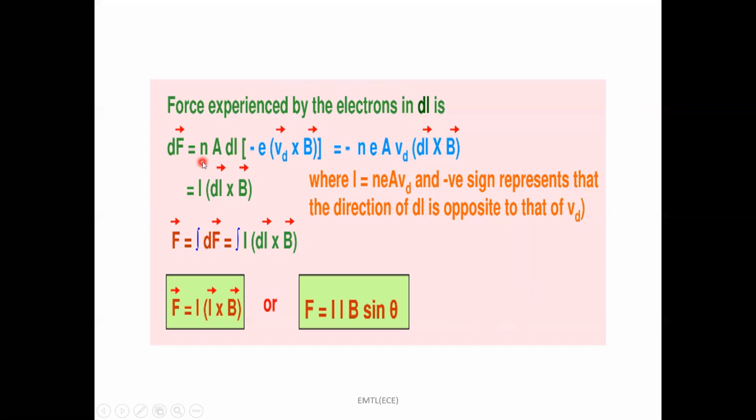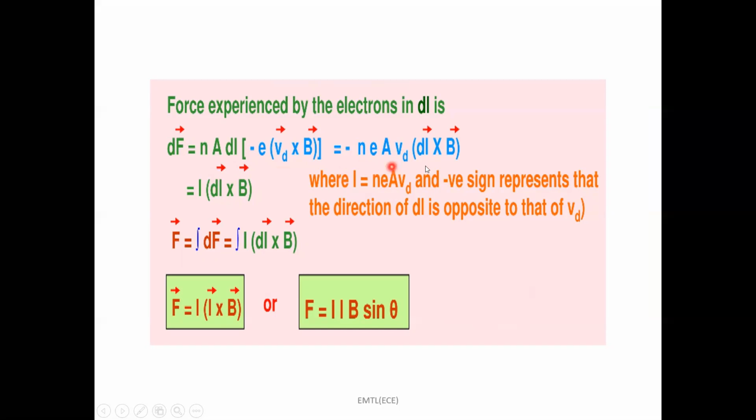So dF bar is equal to n A dl into minus e Vd cross B bar, which is equal to minus n e A Vd. Here n is the number density of the electrons, e is the charge of the electron, and Vd is called drift velocity.